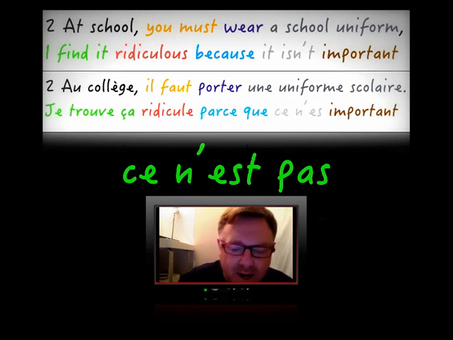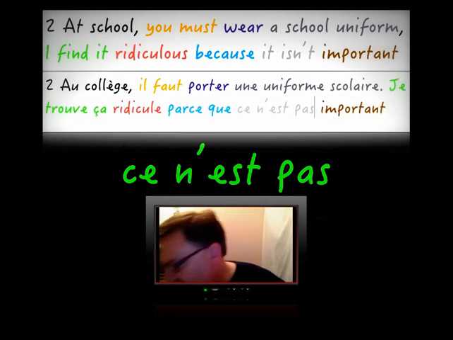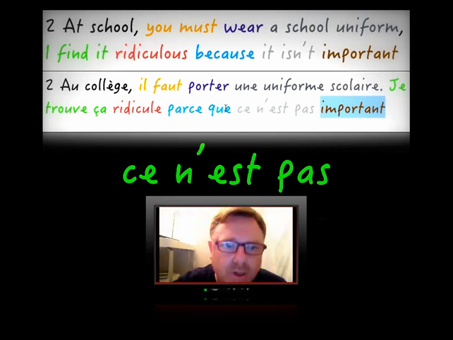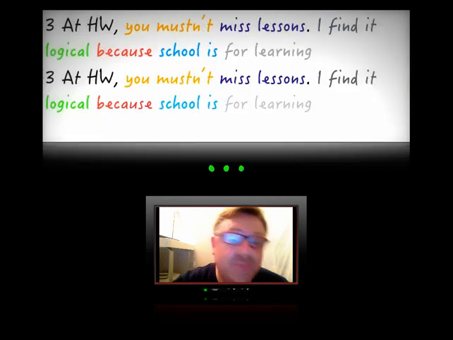So ce n'est pas. And the beauty of important, it's exactly the same as we got here, important, except obviously the accent is different. Okay, au collège, il faut porter une uniforme scolaire. Je trouve ça ridicule parce que ce n'est pas important. At school, you must wear a school uniform. I find it ridiculous because it isn't important.